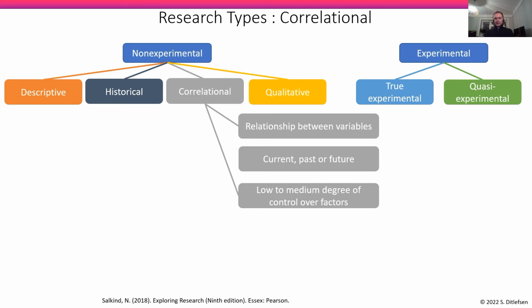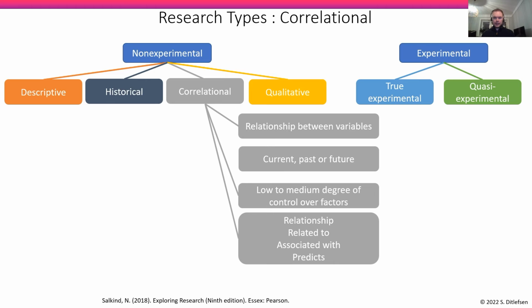We have a low to medium degree of control of factors because we can give more pay to see what happens. What we look for in research are the words relationship, related to, associated with, and predicts. It's a study that compares variables.